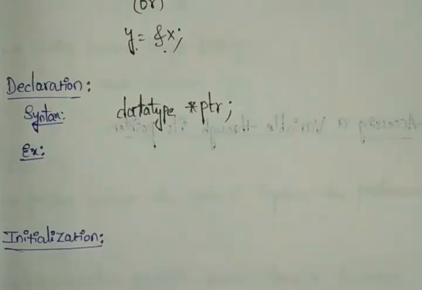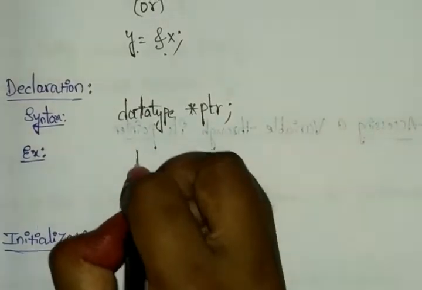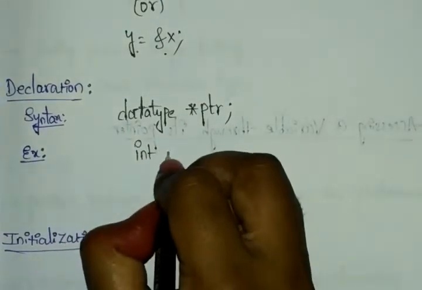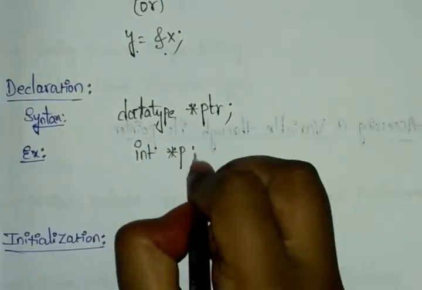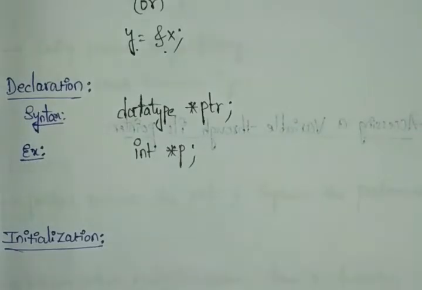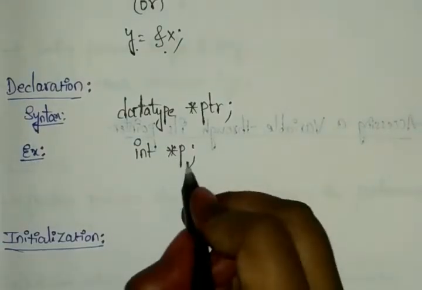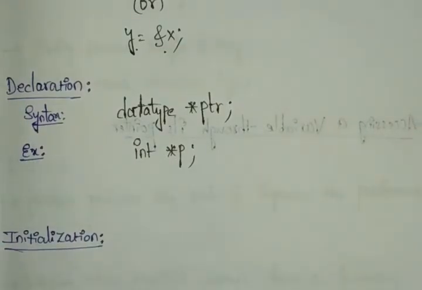Okay, and for example here I am choosing int. Okay, int is one data type, and here we took our p, pointer p. Or else not only with this integer data type, we can declare several types also, like float, character.